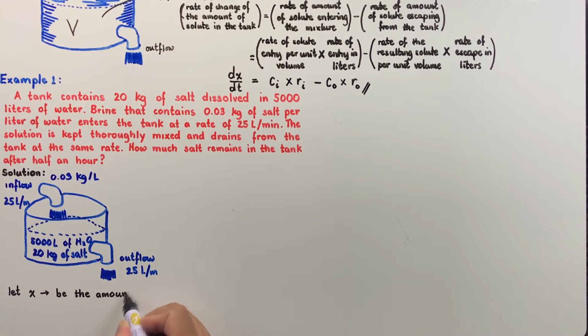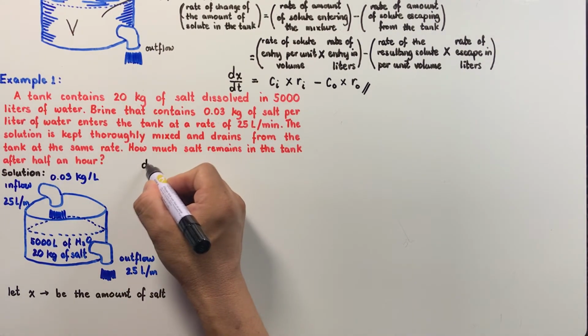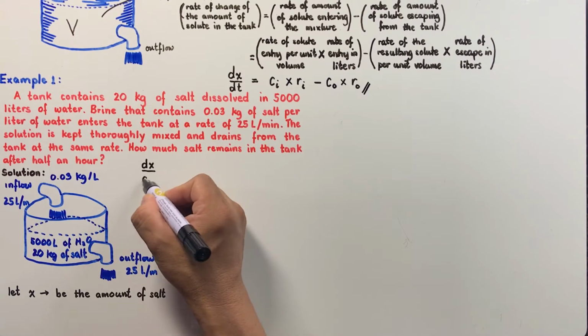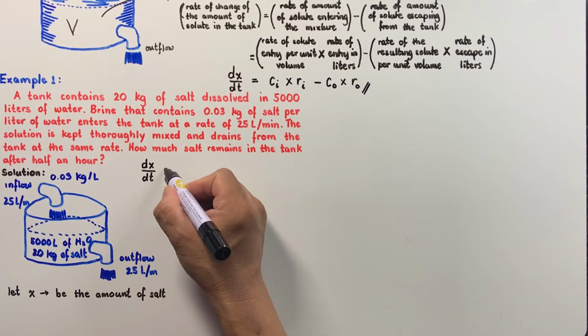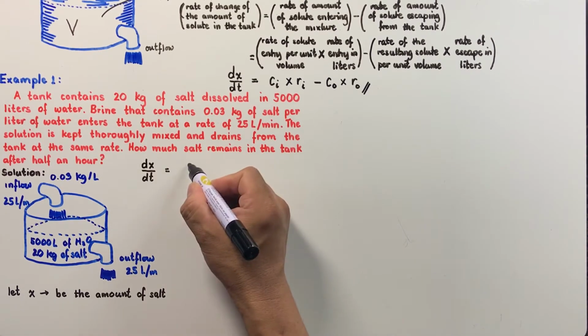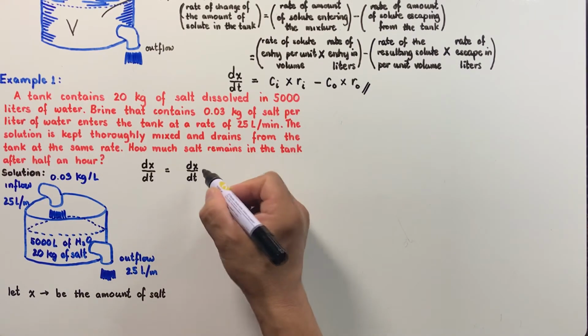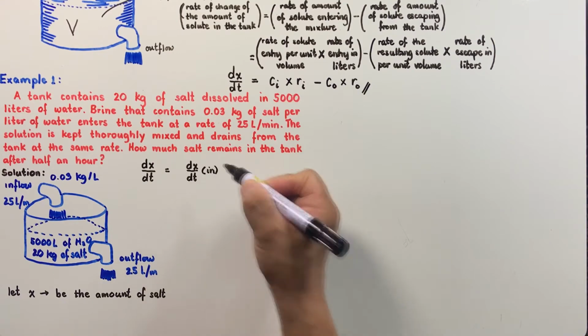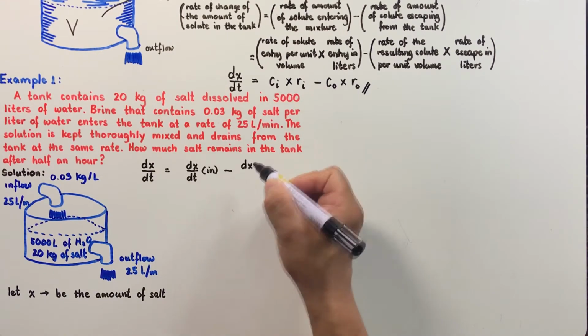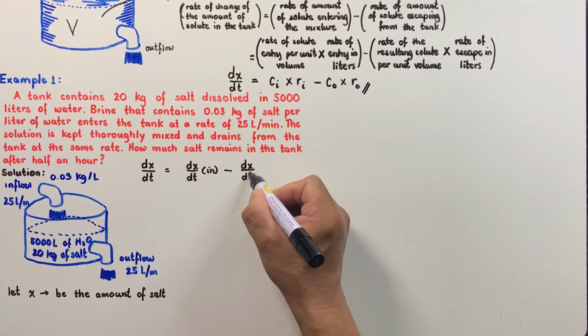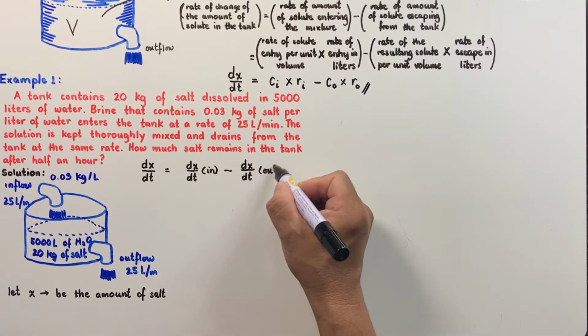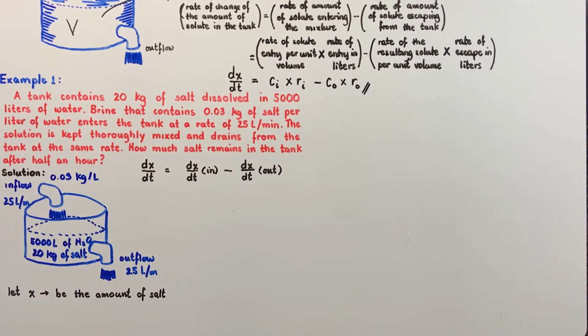Let X be the amount of salt, and the rate of change of the amount of salt can be represented by dx/dt, which can be calculated by the rate of salt entry using the inlet pipe minus the rate of the amount of salt escaping from the tank using the outlet pipe.